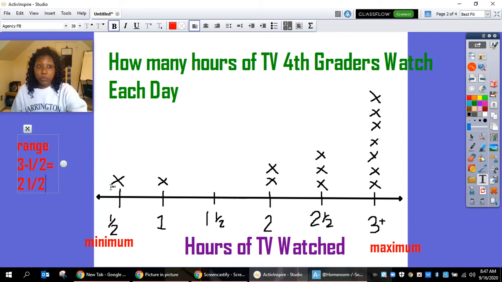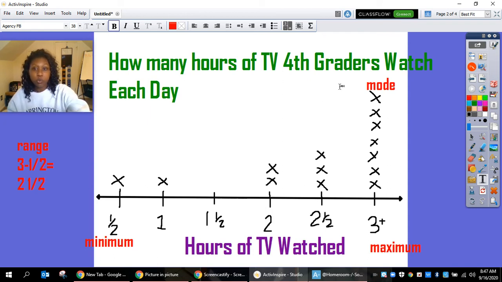And our mode is the value that happens the most, the value that occurs most frequently. So we're looking for the tallest stack here. And so our mode is 3 or more hours because we got this big tall stack of X's here. So that helps us talk about this data. If we want to think about what's typical for a fourth grader, where do we see most of the data?